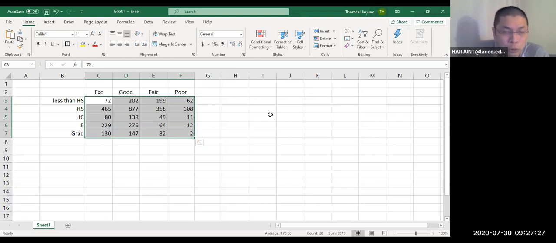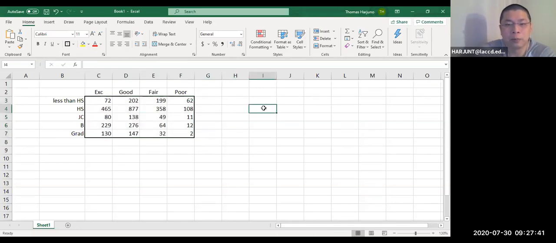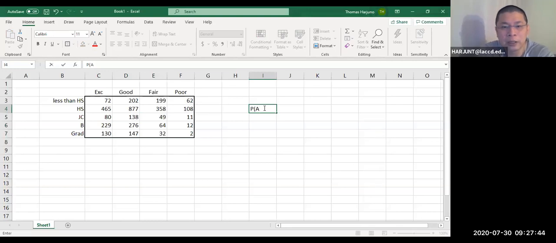Now, how to show that? If they are independent, then it must satisfy the principle that the probability of A and B should be equal to the probability of A times the probability of B. Do you remember that principle? If two events are independent, then the probability of the intersection equals the product of the probabilities.